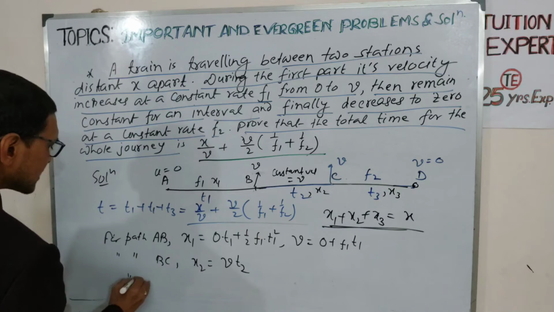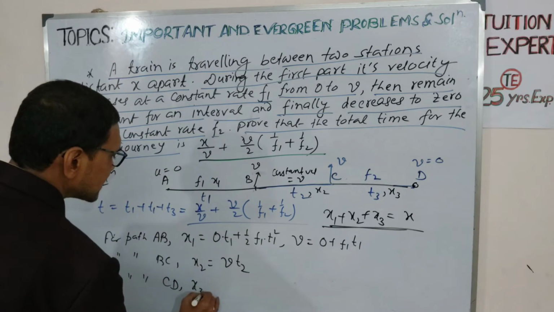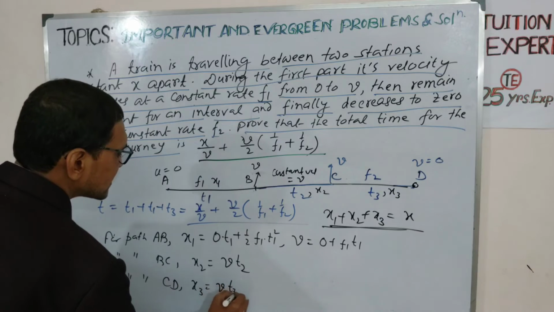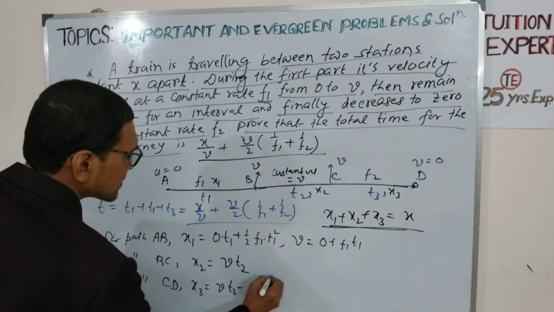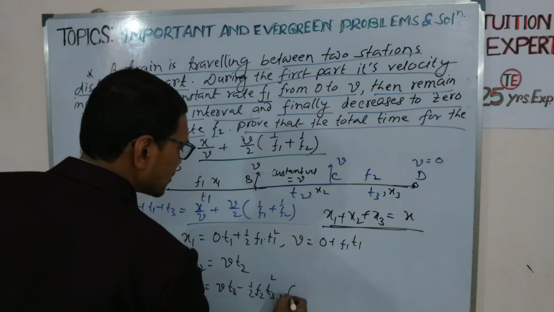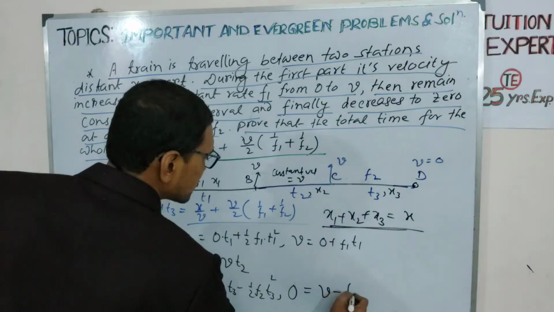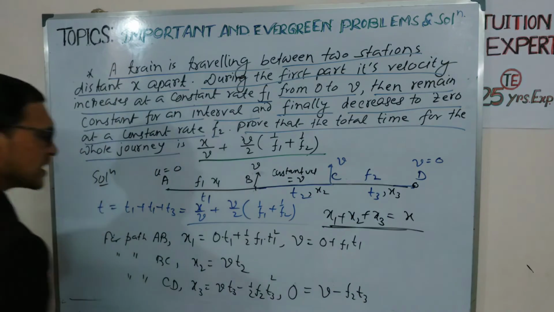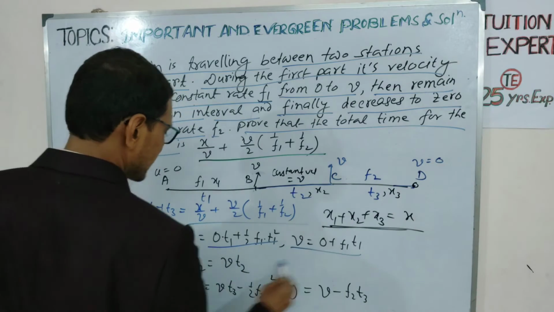For path CD, the distance travelled x3 equals v t3 minus half f2 t3 square, and final velocity 0 equals v minus f2 t3.